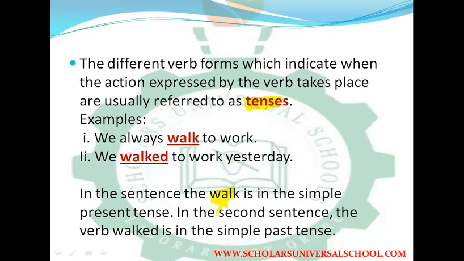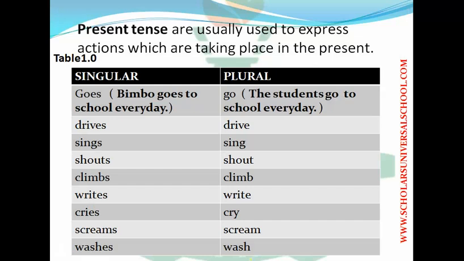In the second sentence, the verb worked, it's in the simple past tense. Highlighted, worked. Good. Now, present tense verbs are usually used to express actions which are taking place in the present.